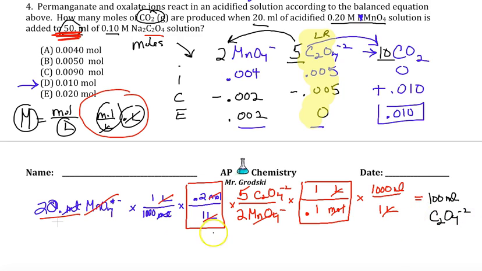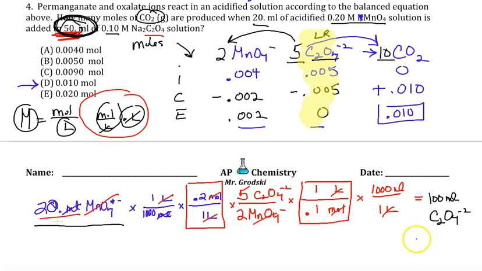So what this says is, if I have 20 milliliters of this permanganate ion in this concentration, I need 100 milliliters to make it all go away. Do I have 100 milliliters of my oxalate ion? No. I only have what? 50 milliliters.